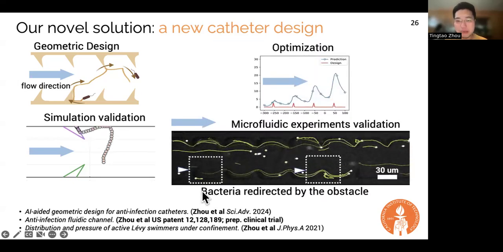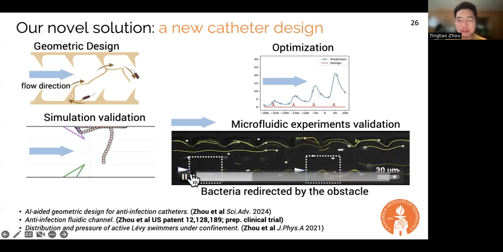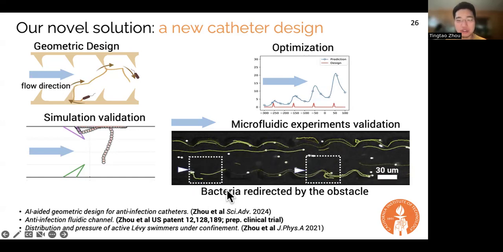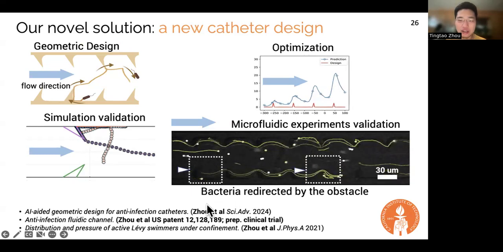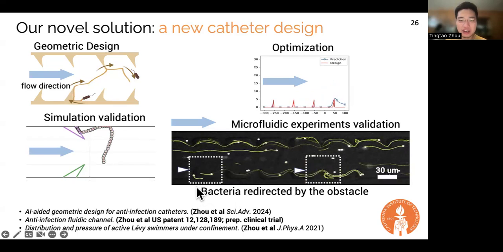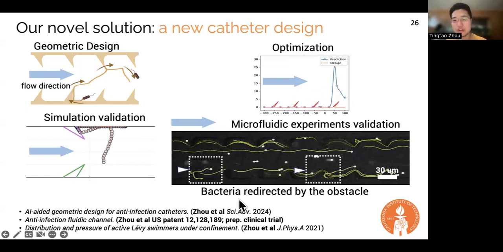So this is my experiment. I made a microfluidic channel like the design we showed here. As you can see, I highlighted two bacteria. They try to go upstream along the wall, and then they got redirected by the obstacle, eventually back to the middle, and then washed downstream. So that seemed to work.